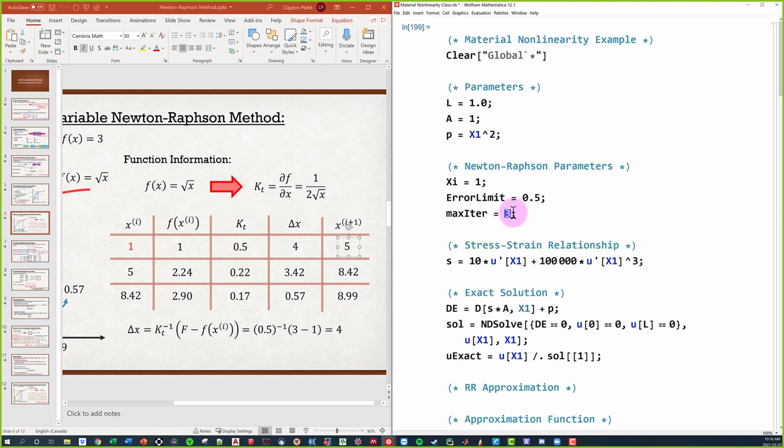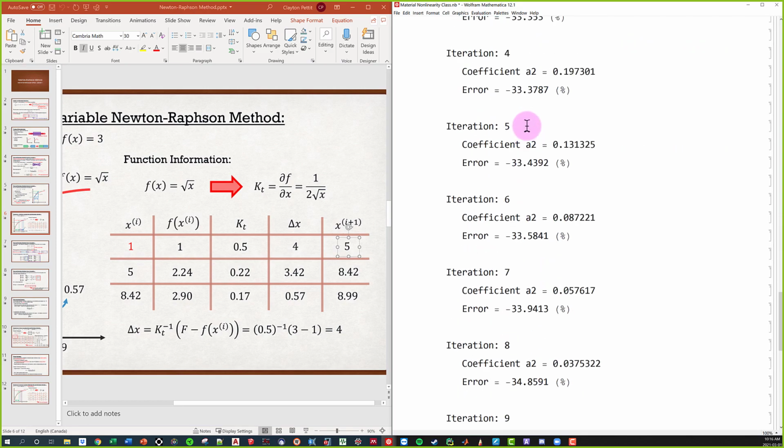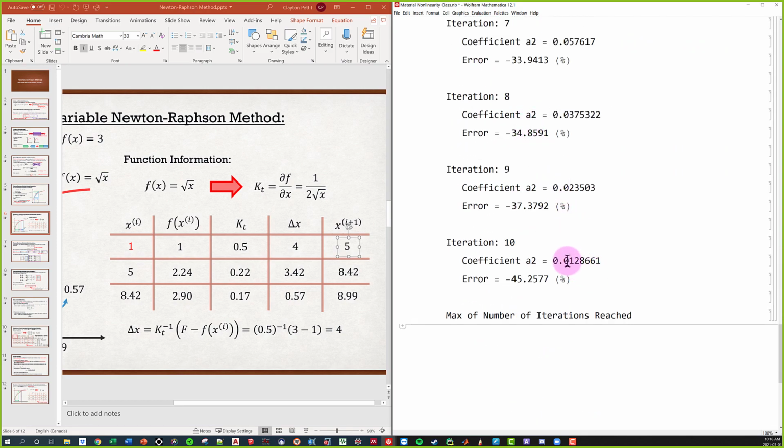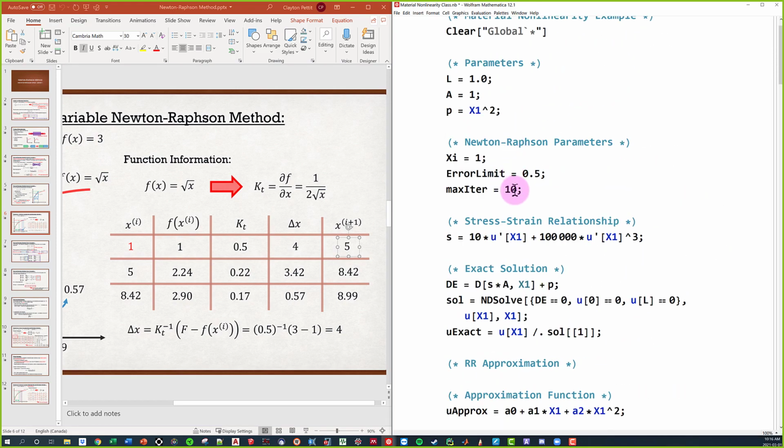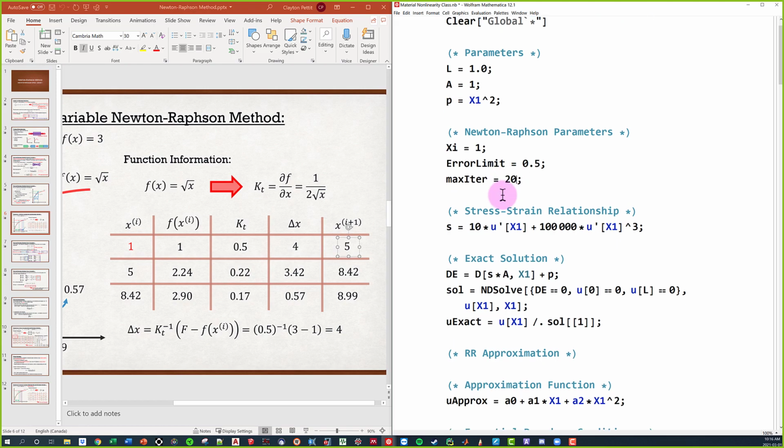So now let's go to 10 iterations. We run this, and we can see that everything starts decreasing, and our value is becoming smaller and smaller. Because these are such small decimal numbers, the error isn't a very good measure. It seems like it's getting larger, but that's just because things are getting so small. Now I'm going to do 20 iterations.